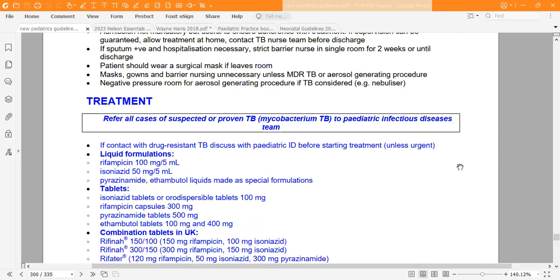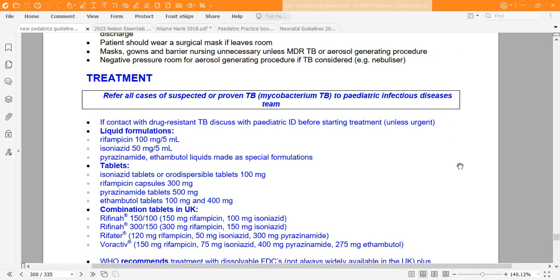Okay, treatment. Refer all cases of suspected or proven Mycobacterium TB to the pediatric infectious disease team. So I have to refer all cases of suspected TB, even if I'm not sure whether it's TB or not but it's a highly suspected case, or proven TB, to the pediatric infectious disease team.